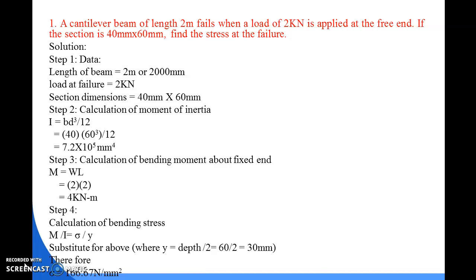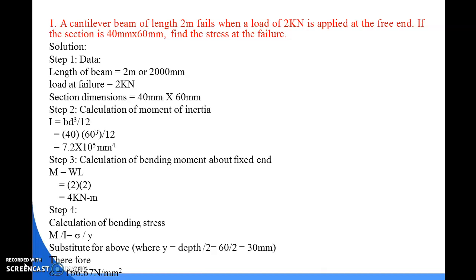So here, the W value will be 2 kilonewton and L value will be 2 meter. So 2 into 2 is equal to 4 kilonewton meter. This is the value of maximum bending moment in the cantilever beam.